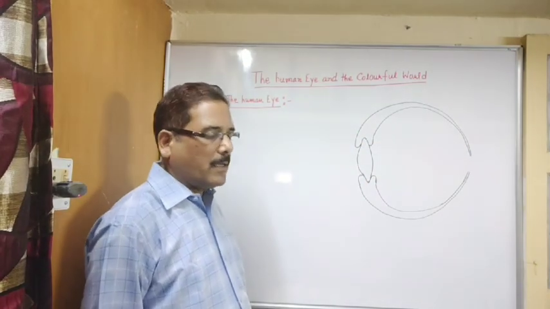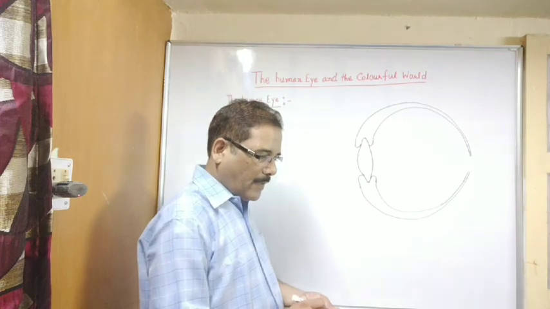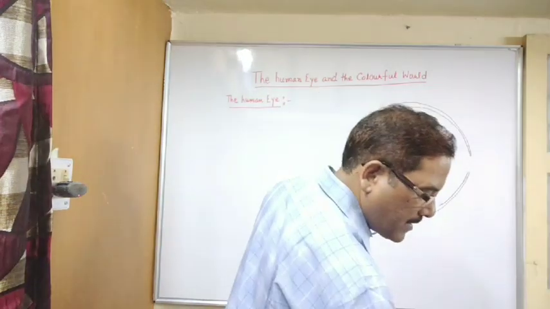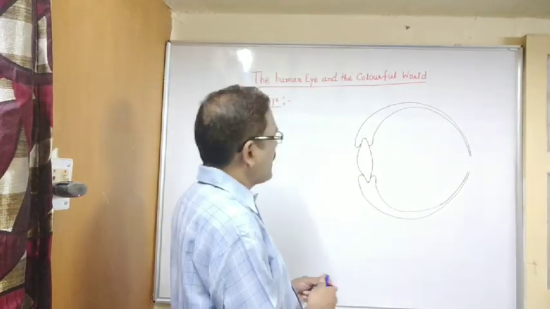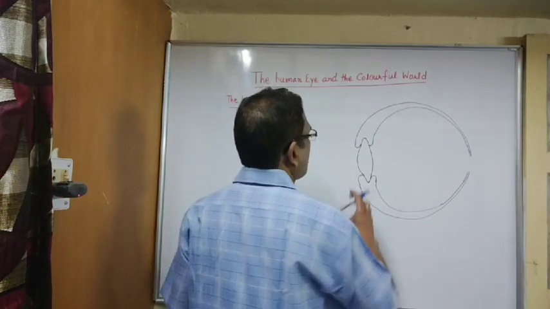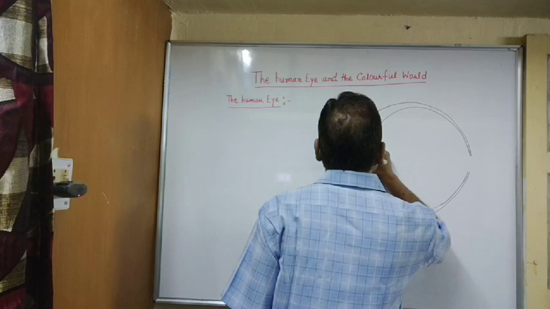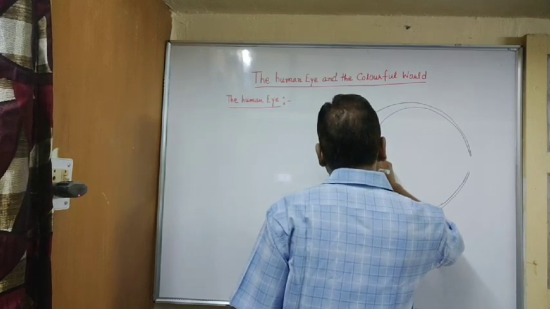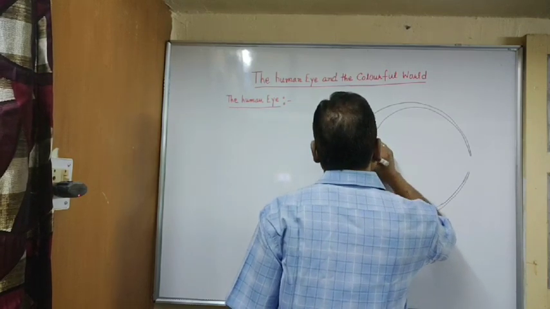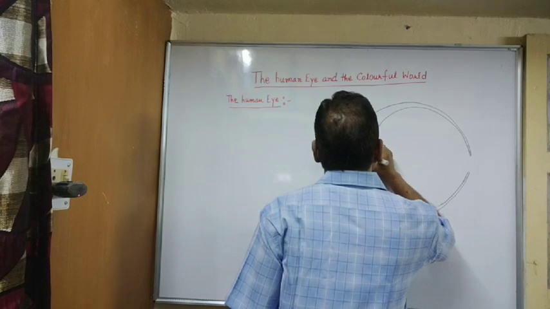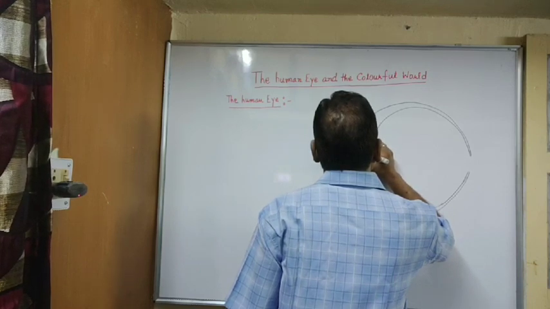So these are the ciliary muscles. Then, in front of the ciliary muscles, we have an assembly of dark muscles. These are known as the iris. These are the dark muscles.